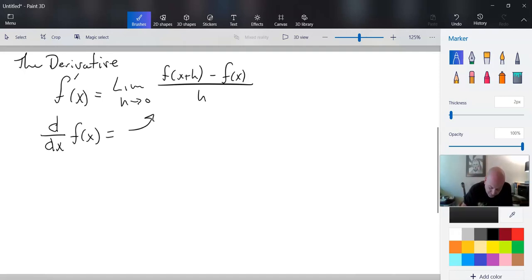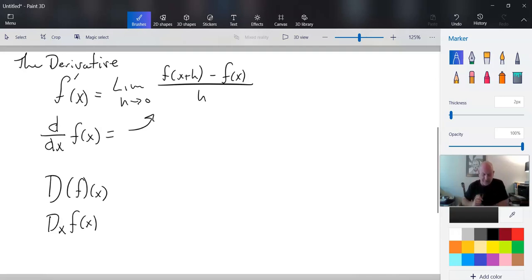Another way to write the derivative would be d f of x, where d is a differential operator. We don't really use that much in this semester. And then also you may see this, d/dx of f of x, right? So those are all different ways that the derivative is written.